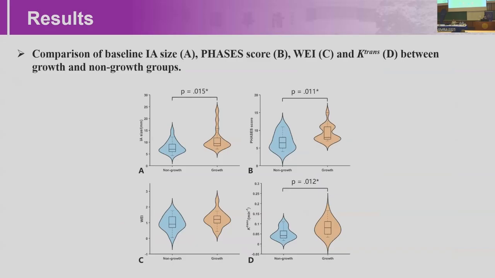We found there are significant differences between the two groups in IA size, PHASES score, WEI, and Ktrans, whereas no significant difference in other clinical or imaging factors.